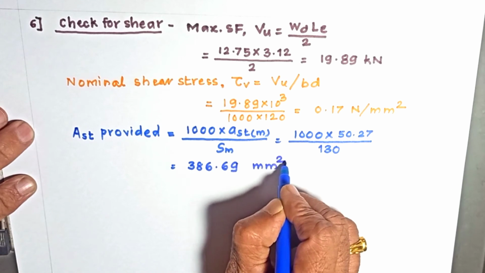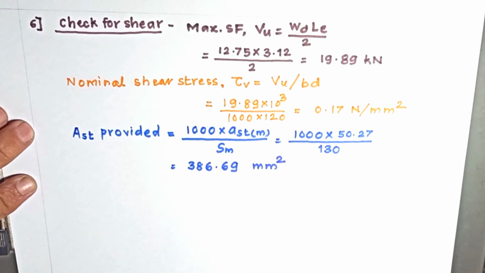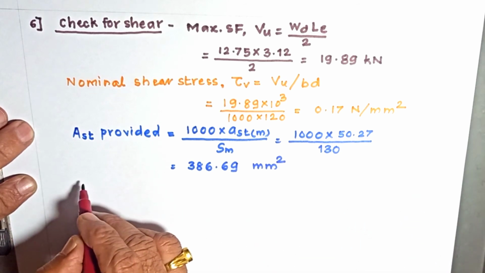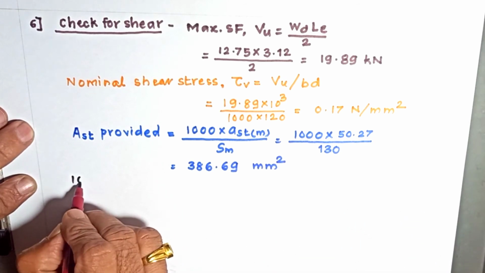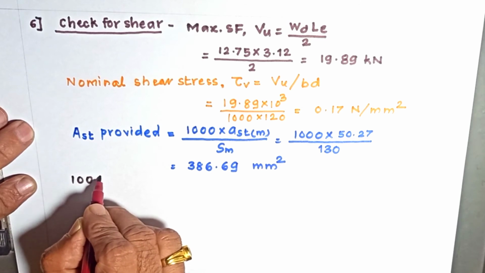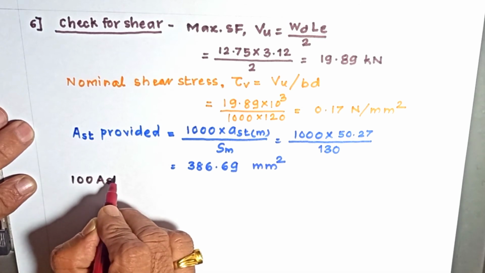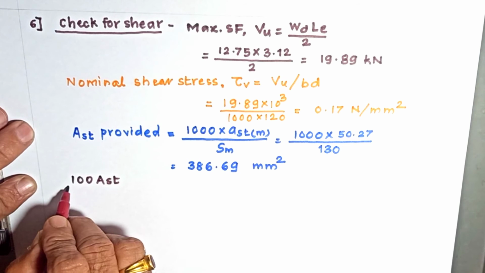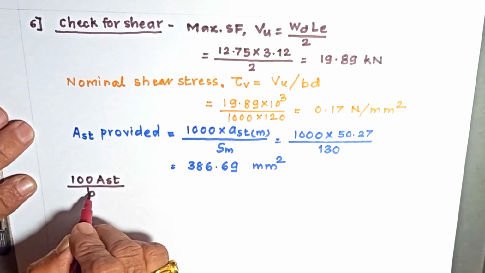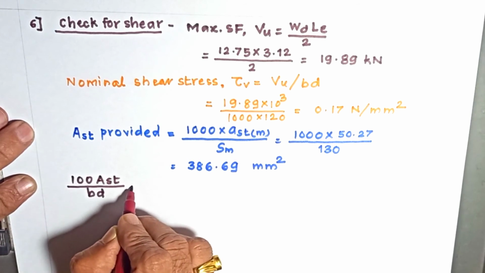Now from this we have to calculate percentage PT, that is 100 into AST upon BD is equal to.